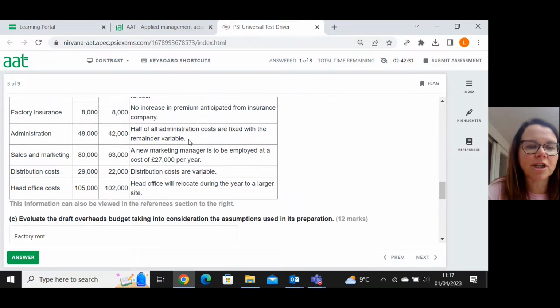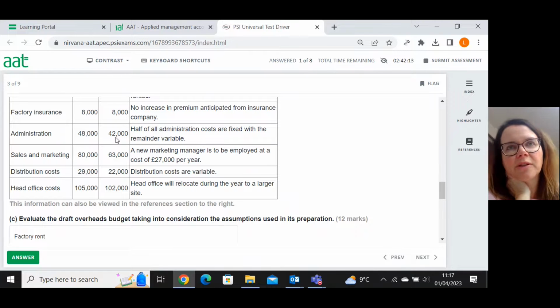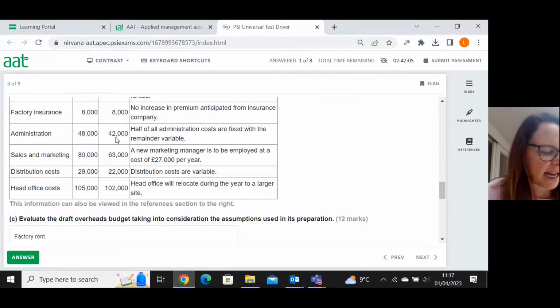Moving on to administration. It says half of all administration costs are fixed, with the remainder variable. Right, so if last year's figure was 42,000, that means that we've got 21,000 that was fixed and 21,000 that was variable. So I did a little calculation here and worked out that 21,000, which was the variable bit from last year's figures, with an uplift of 15%.